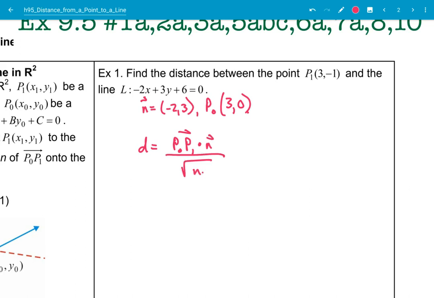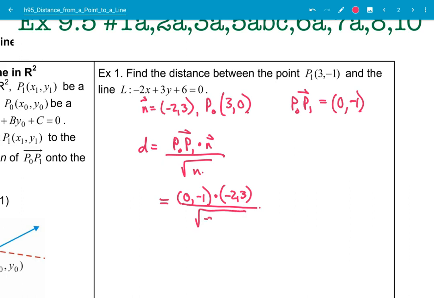So I have to get P naught P1, which is 3 minus 3, which is 0. Nice. And -1 minus 0, so -1. So we're going to dot 0 and -1 with -2 and 3 over the magnitude of the normal.